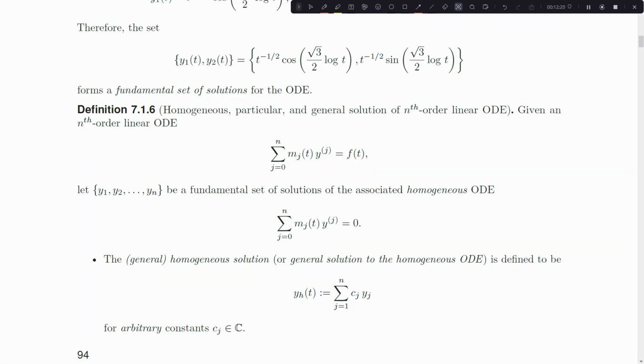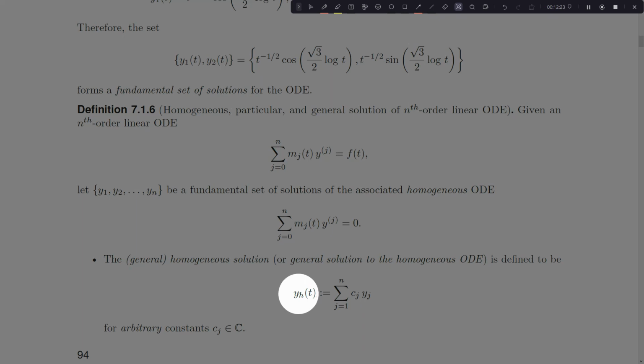We then say that the function y_h, which consists of all linear combinations of the fundamental set, we call that the general homogeneous solution. So even though this is really the ODE I'm looking at, I call this solution, which solves the homogeneous one, the homogeneous solution.